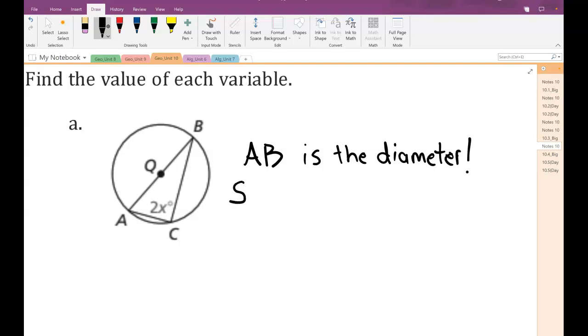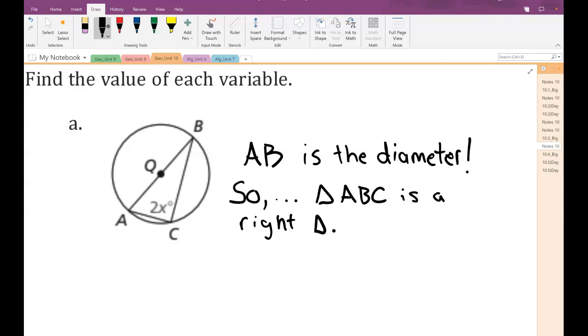So what that means is triangle ABC is a right triangle. Again, you don't have to justify it like this each time. I just want to show you why we can jump right away to, oh, it's a right triangle.